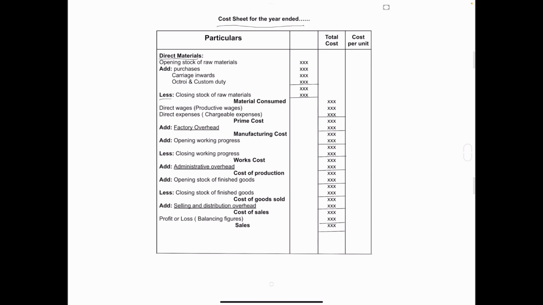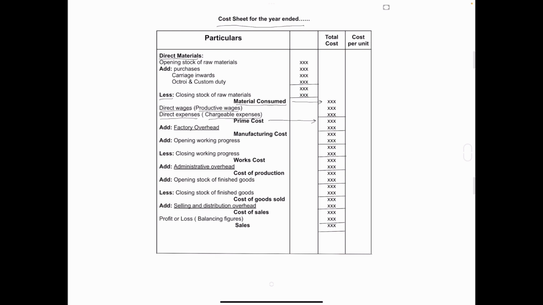Then deduct closing stock of raw material, and the final amount which you will get, that is called material consumed. After that, we have to take direct wages or productive wages and direct expenses or chargeable expenses. After adding these 2 items to material consumed, the amount which we will get, that is called prime cost.